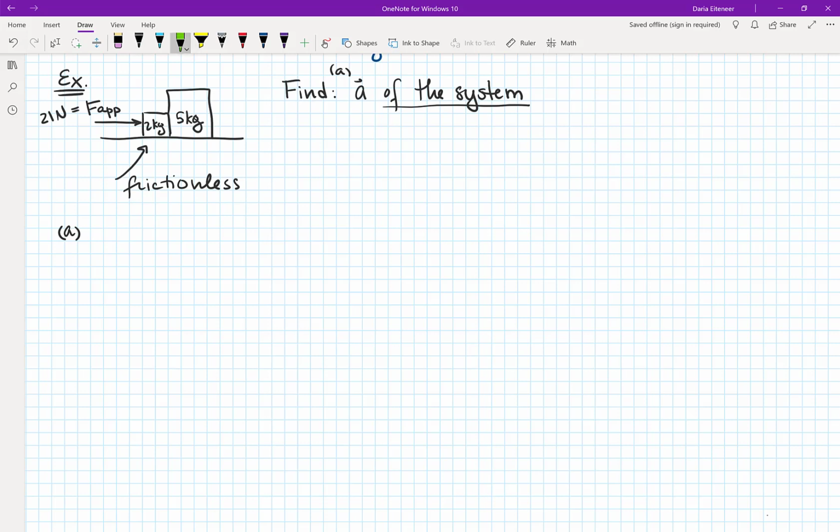So system in general is defined as one or more objects that we're interested in. And those objects could interact with what's called the surroundings. So we can have a system, and then everywhere around it is surroundings. Or sometimes people also call that environment.